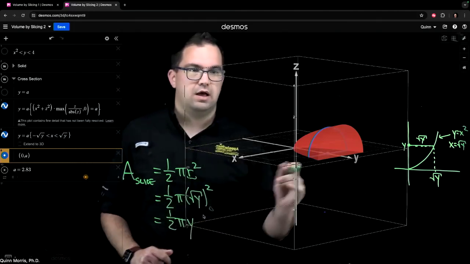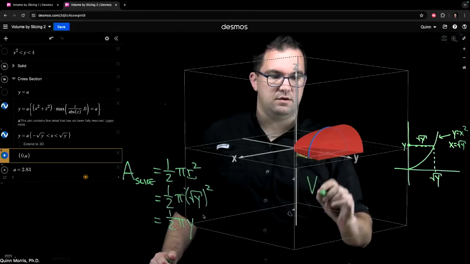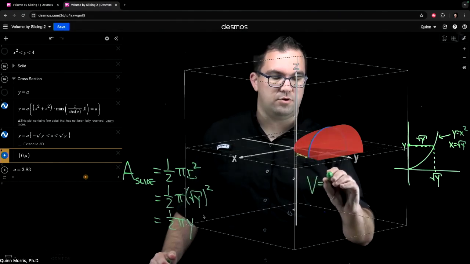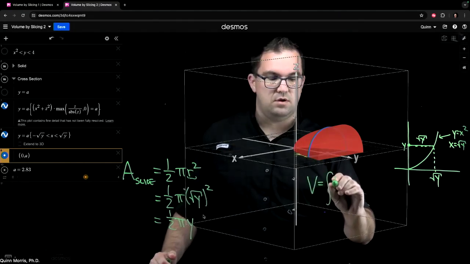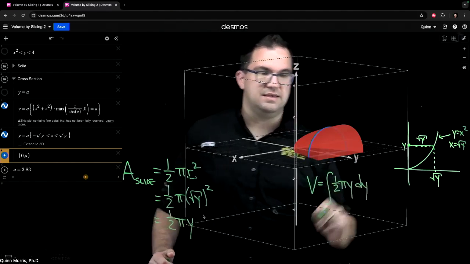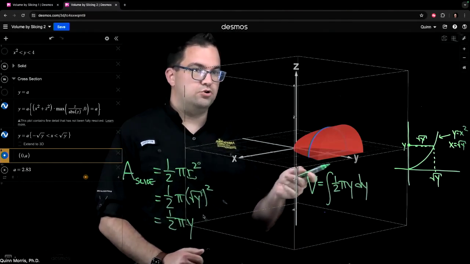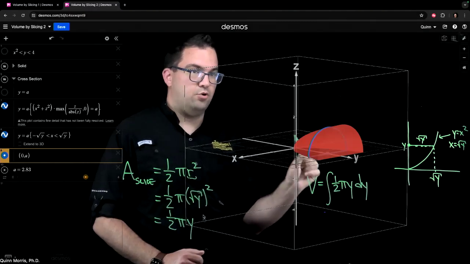So if I want to find the total volume, then the volume ought to be the integral of 1/2 pi y dy. Since all of my slices are perpendicular to the y-axis, I'm integrating with respect to y, right?